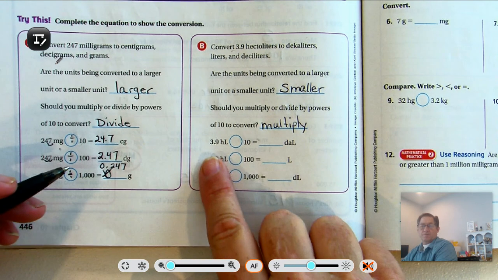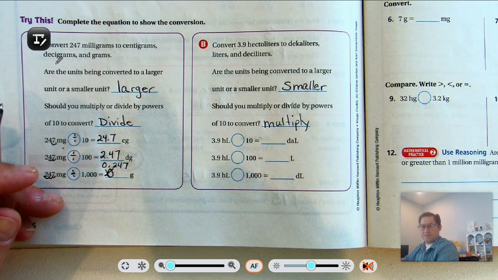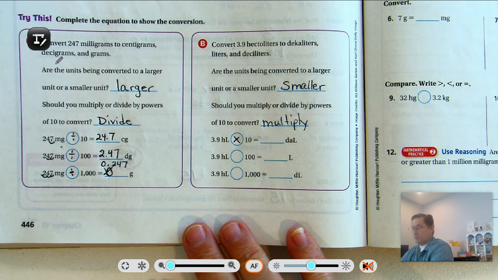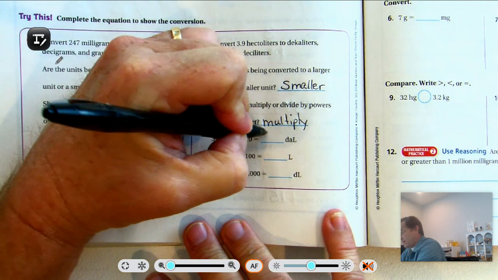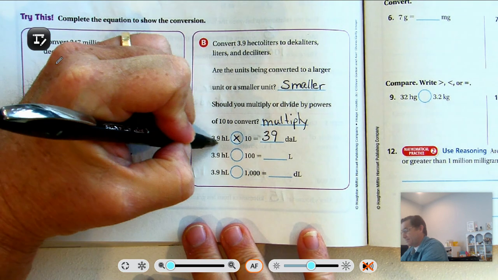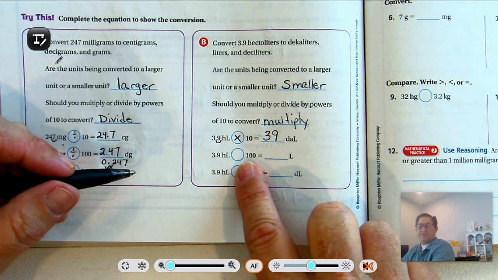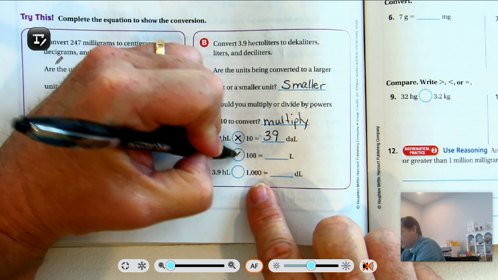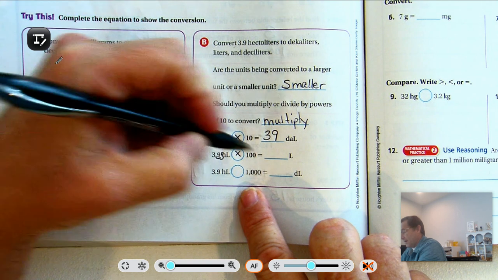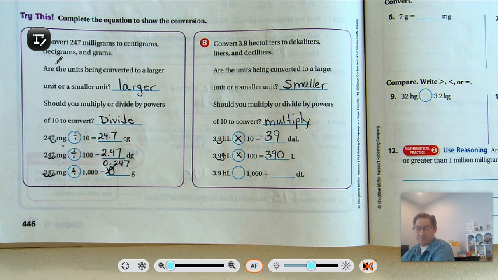To go from hectoliters to decaliters, it's 1 place to the right, so 1 power of 10. We take the decimal point and move it 1 place to the right, so we'd have 39 decaliters. To go from hectoliters to liters, we'd move the decimal point 2 places to the right, so we'd have 390 liters.